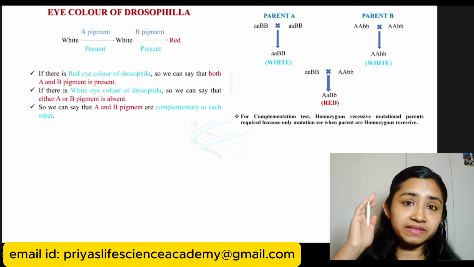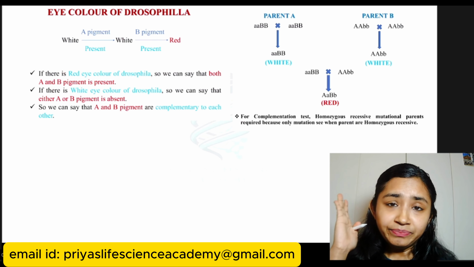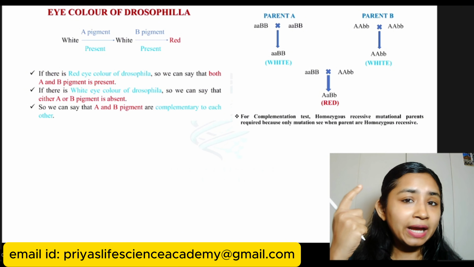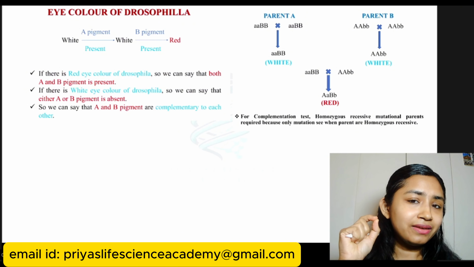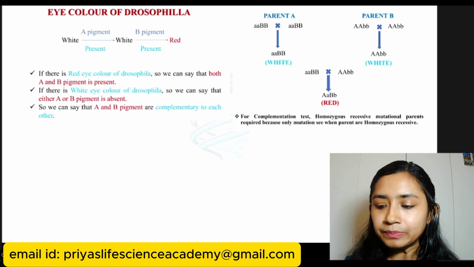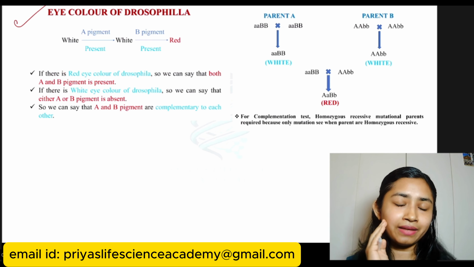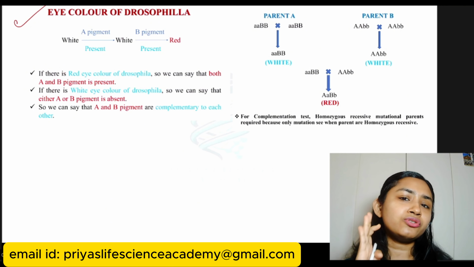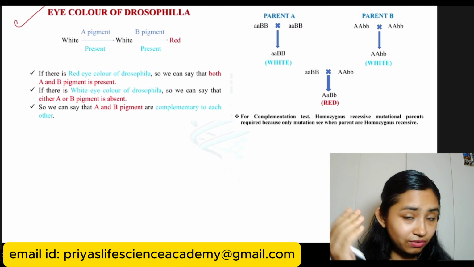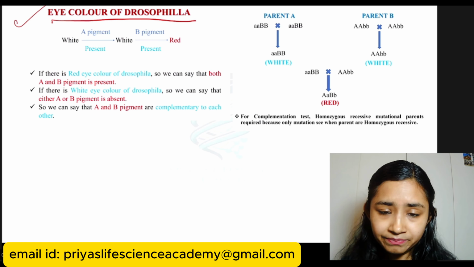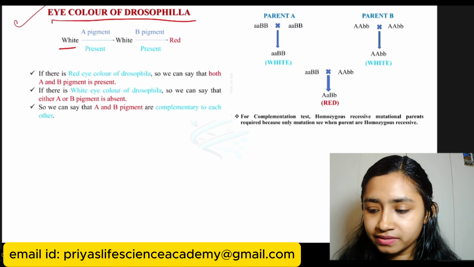Now coming to the example, I am considering the feature of Drosophila's eye color. I told you the best way to understand the complementation test is through this example. You have to know whether a characteristic feature is determined by two genes or one gene. So let's say the eye color of Drosophila. For example, this is the white color.